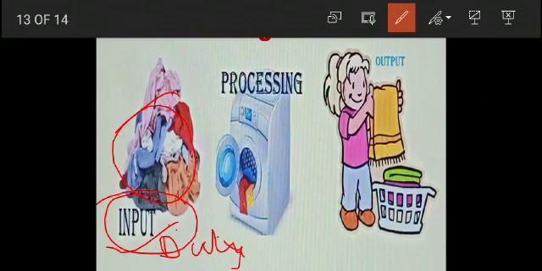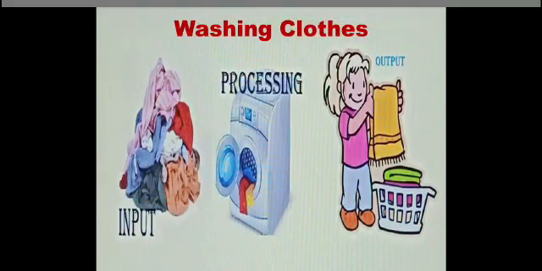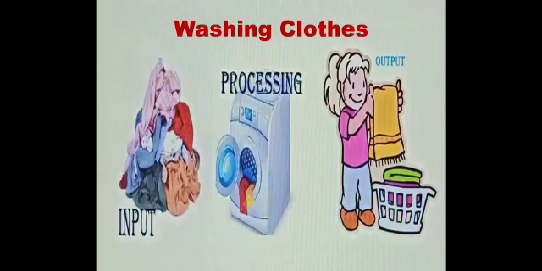And when you put all the things in the washing machine and you turn on the washing machine, it starts doing its work. It starts washing the clothes, that is processing. And when you get the washed clothes, this is the output. So students, in washing of clothes also, we do this in 3 steps: input, process and output. So it involves an input, process, output cycle.